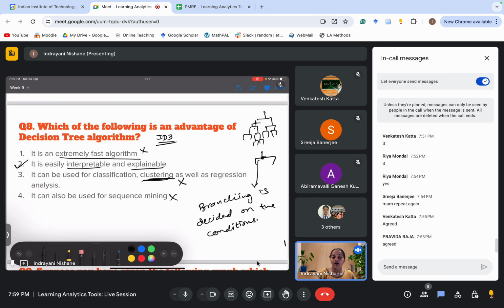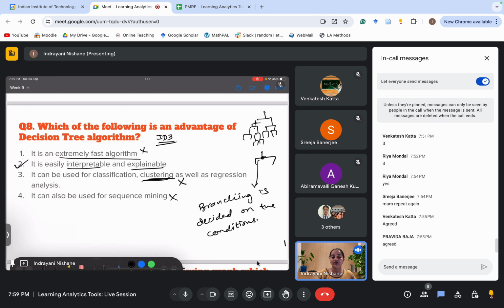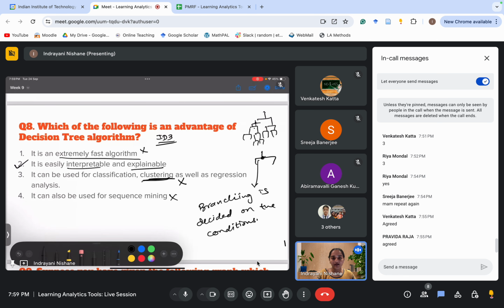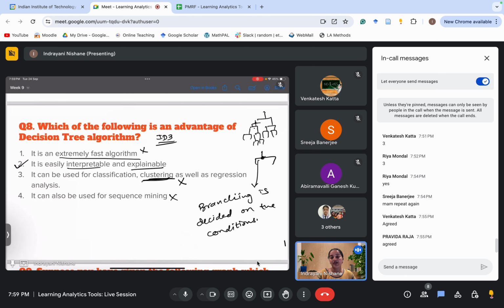That's the importance of understanding the root mean square error, the concept of error and all those things, so that we are able to interpret the result. But if you choose the decision tree algorithm in Orange or Weka, when it gives you the result, it will also show you the decision tree, the conditional tree which it has created. So that leads to explainability and interpretability of the algorithm.